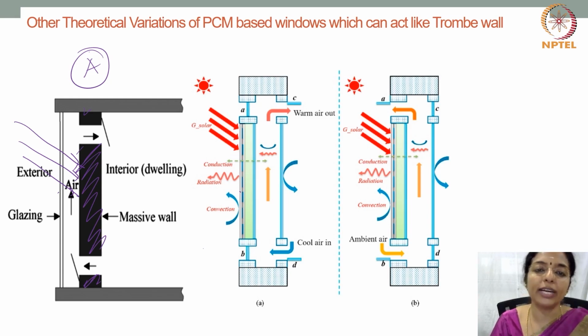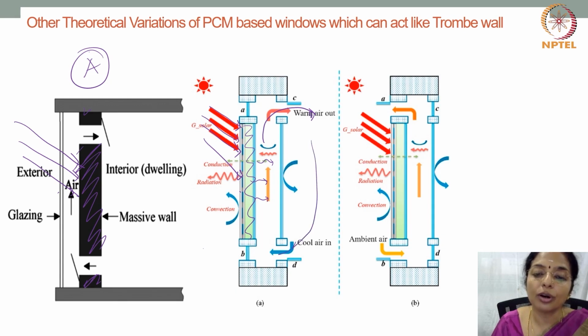How will it function? During winters, the solar energy falls on the PCM encapsulated glass, and this heats up this place gradually because the PCM is storing the heat and it releases it gradually, and you are able to use this to draw the cool air from outside and make it warm and throw it inside.